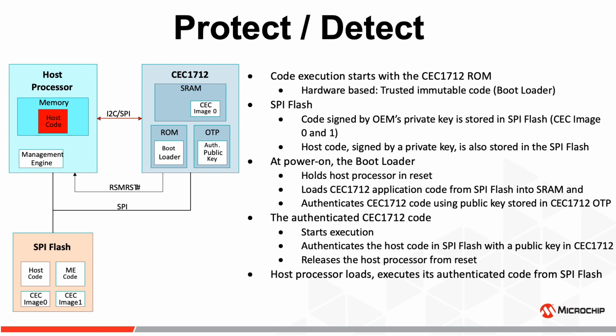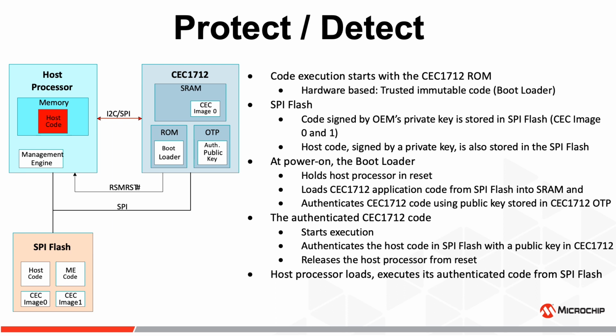In this case, the code starts execution with the CEC 1712 ROM. The read-only memory in here has a bootloader in immutable code, which means that it cannot be changed, and it is persistent even through power cycles.